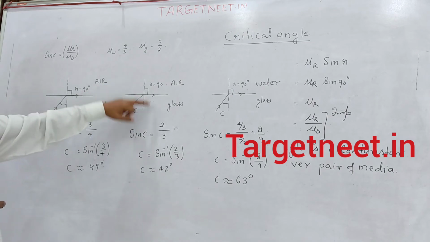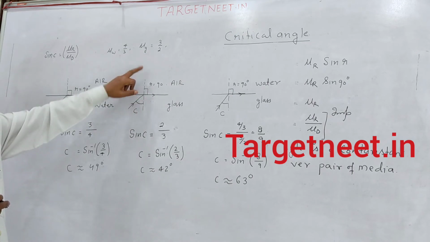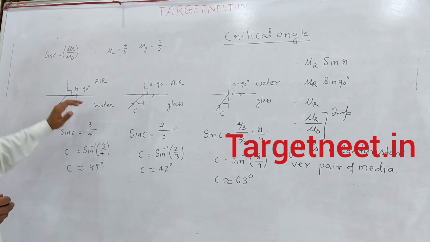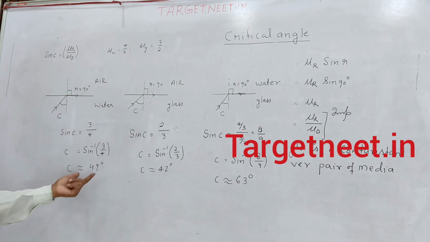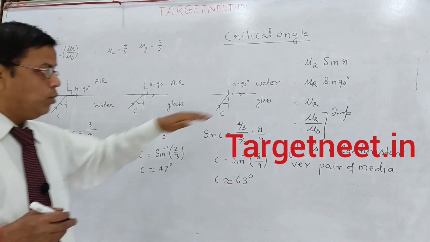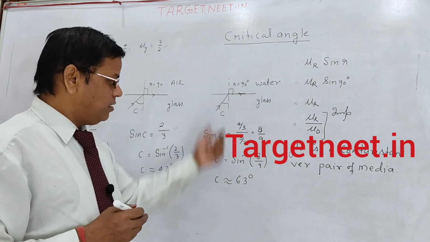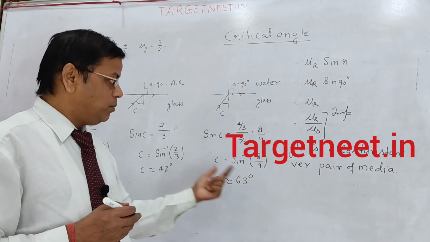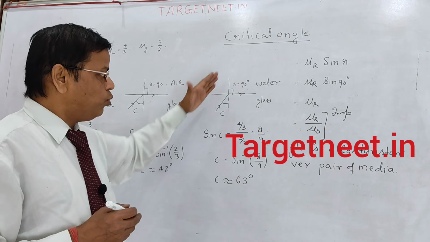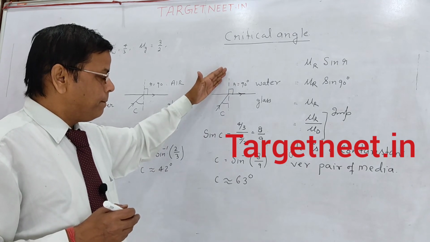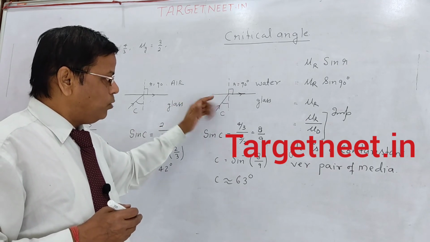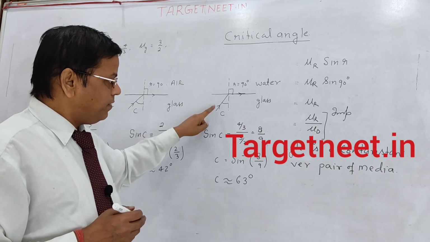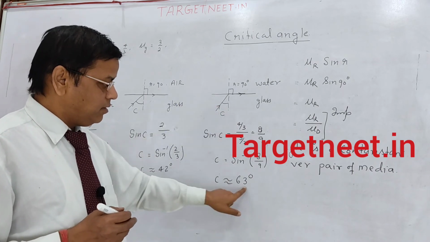So for the glass-air interface, the critical angle is approximately this. Water-air interface, the critical angle is approximately this. Glass-water interface, the critical angle is approximately this. It means if light is going from glass to water, it will go from glass to water if the angle of incidence is lesser than 63 degree.